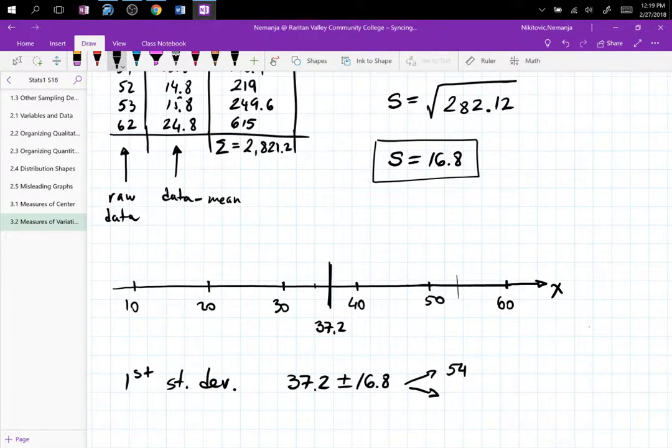So that will be here, 54. And then if you subtract 37 minus 16, that's 20.4. Well, that's here.